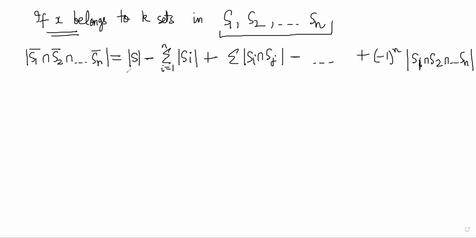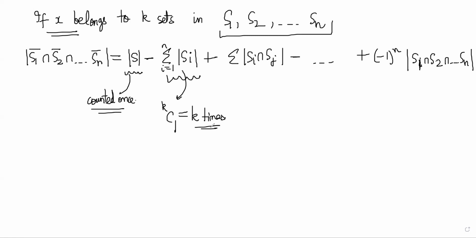Now here, X is being counted one time, counted once, because X is an element of the whole set and it will only be counted once if you count the whole set, right? Here, however, X will be counted KC1 equal to K times.